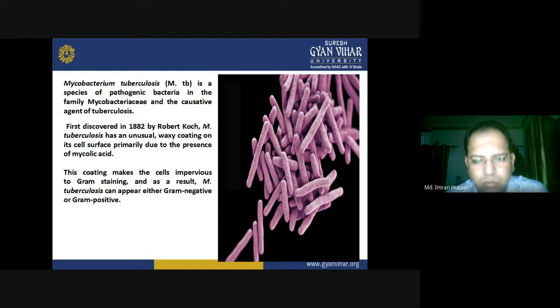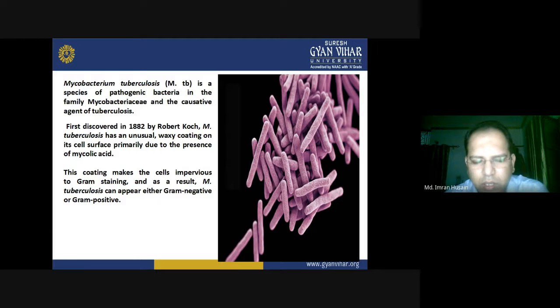So, because of the mycolic acid that is present on the colonies of Mycobacterium and gives them a waxy appearance, the classification of gram staining and the staining protocol is somewhat not properly applicable to this bacteria, and sometimes it shows the characteristics of gram negative bacteria, and sometimes it can also show the characteristics of gram positive bacteria.